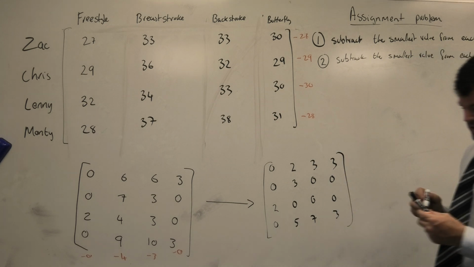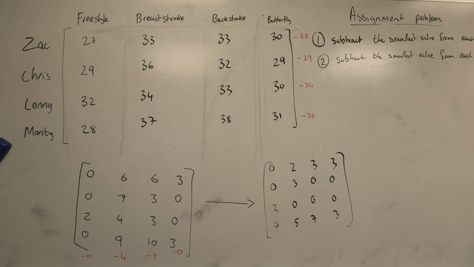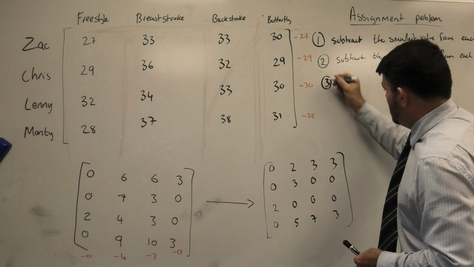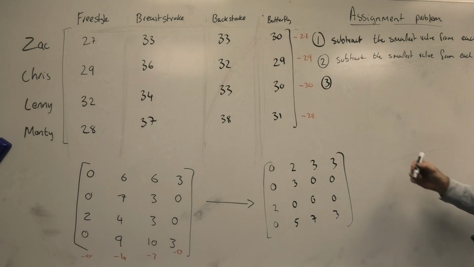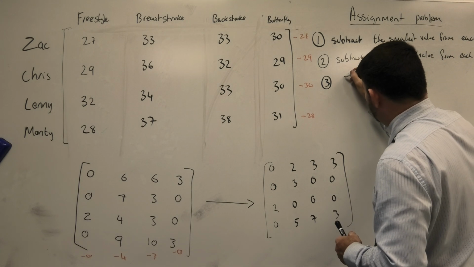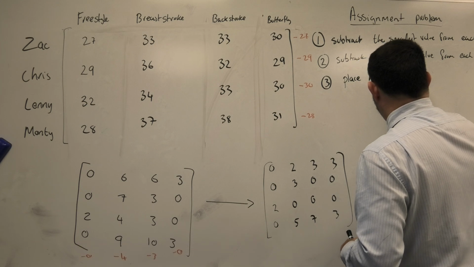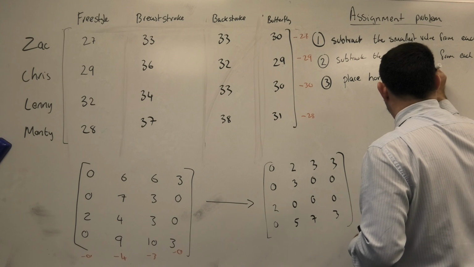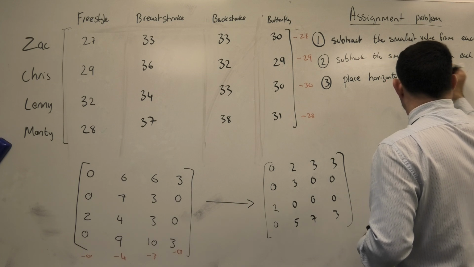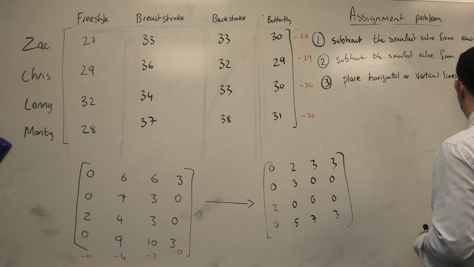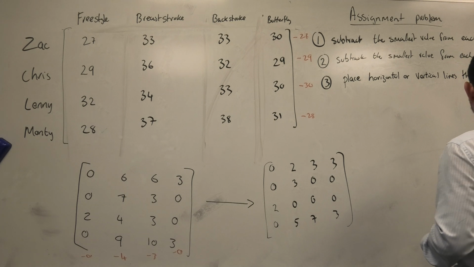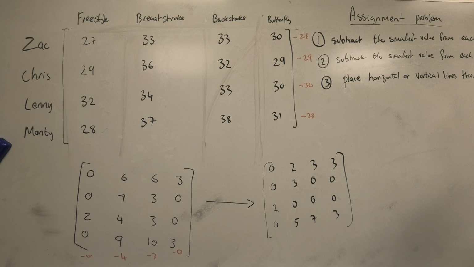So now we've got to this point. We've got a lot more zeros. We're going to do our first test. The third step is your first test, and it could be the only test you do. What we want to do is place horizontal or vertical lines through the zeros.